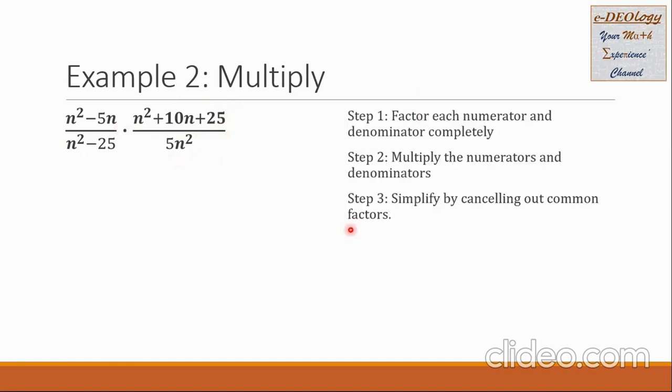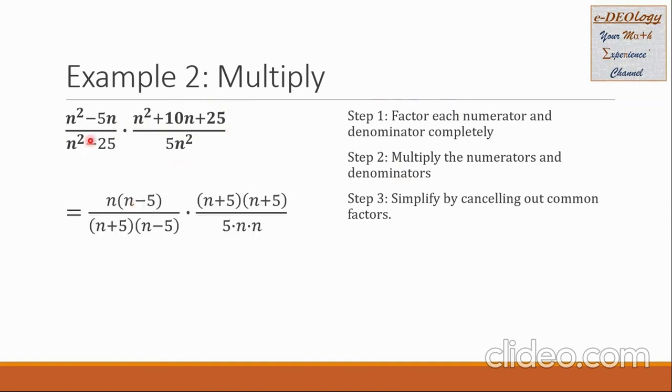So I wrote all the three steps here at one time. So I'm going to do step 1 to factor each numerator and denominator completely. The n squared minus 5n is now factored out into n times the binomial n minus 5. The denominator n squared minus 25 is now the product of n plus 5 and n minus 5.